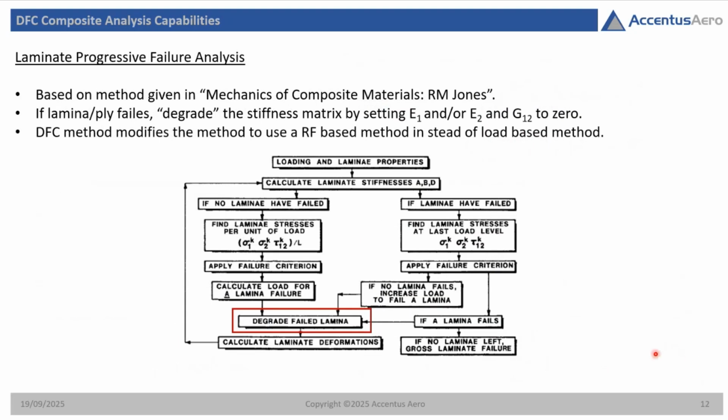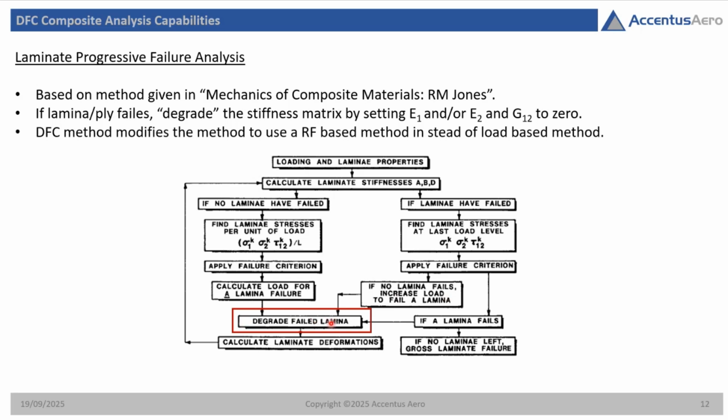So let's come to progressive failure. This method is based on a method given in Mechanics of Composites by Jones. Basically, you have your laminate, you calculate your ABD matrix, and you have an applied load. Then you calculate your stresses in your laminae, and you apply your failure criterion. For all the laminae that fail, you degrade the stiffness matrix.